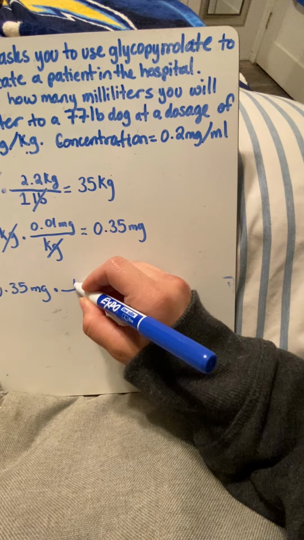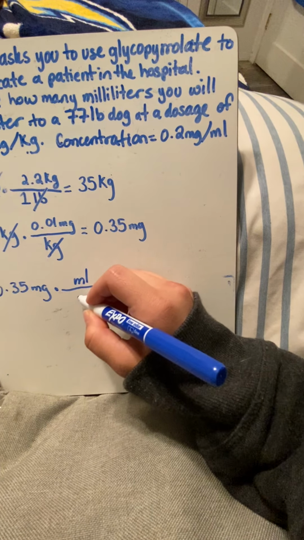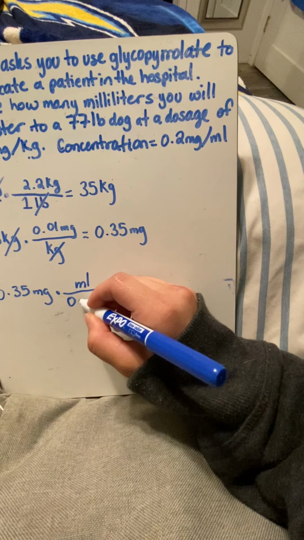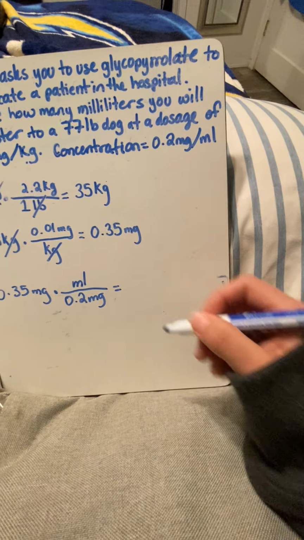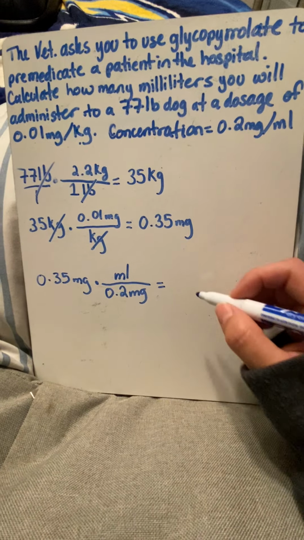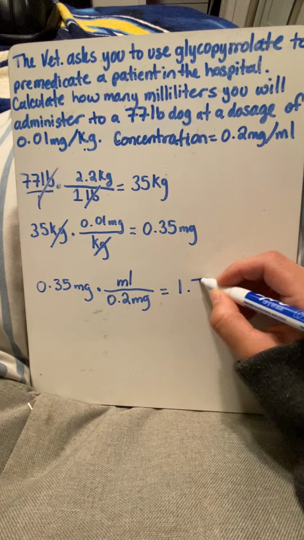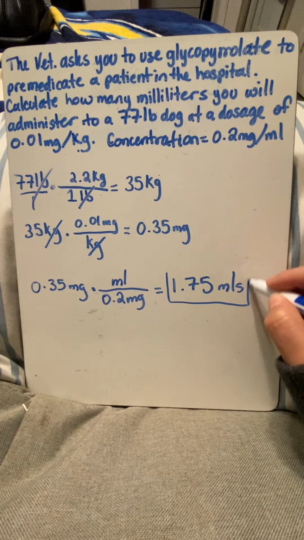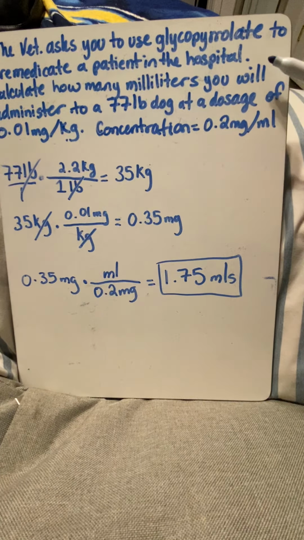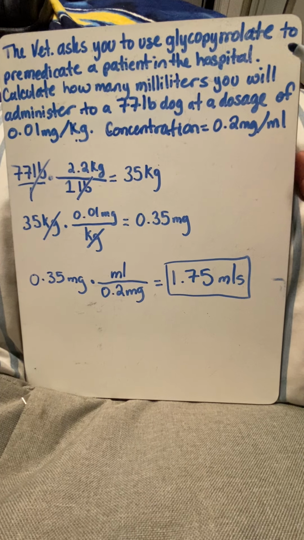So what I want is mLs. That is my final unit. So what this would give me is 1.75 mLs. That is how much glycopyrrolate I will be using to premedicate my patient.